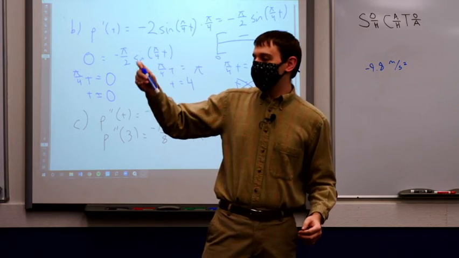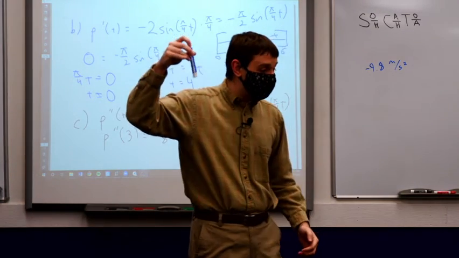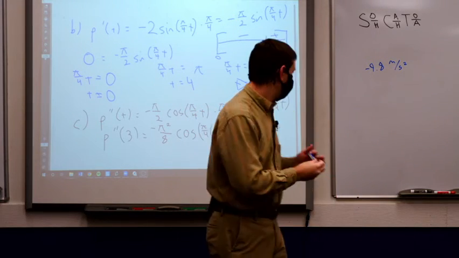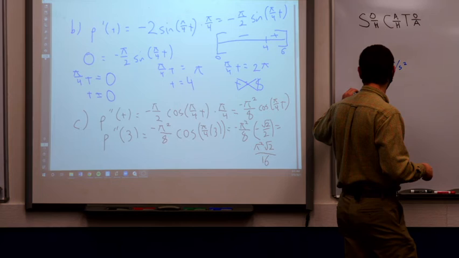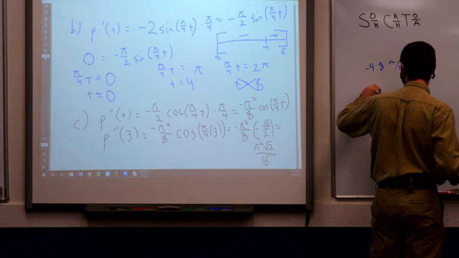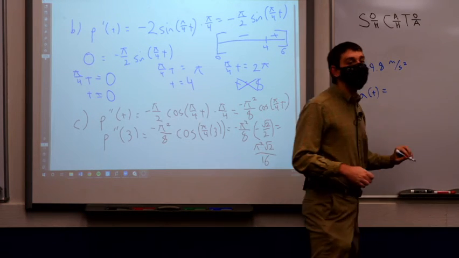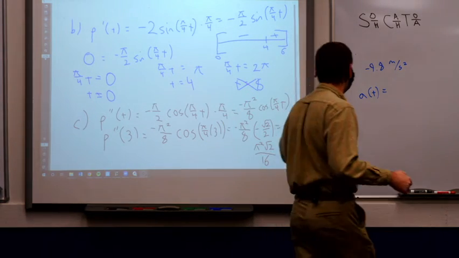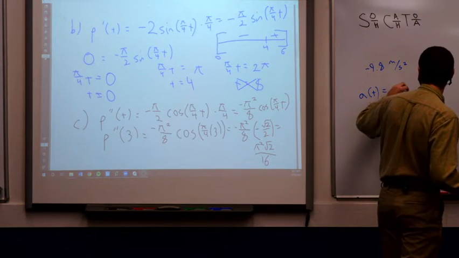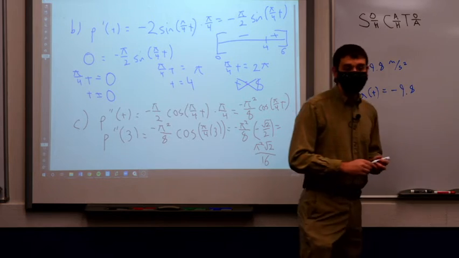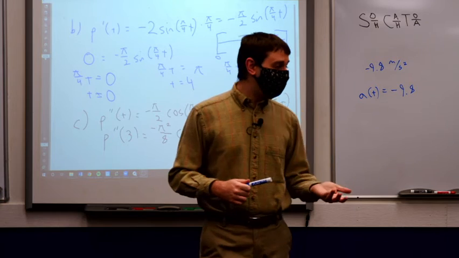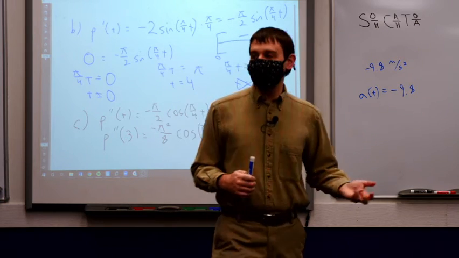Because acceleration from gravity is pushing you in a downward direction. So A of t, where t is time, is literally a constant function. It is just negative 9.8. It doesn't depend on any amount of time.